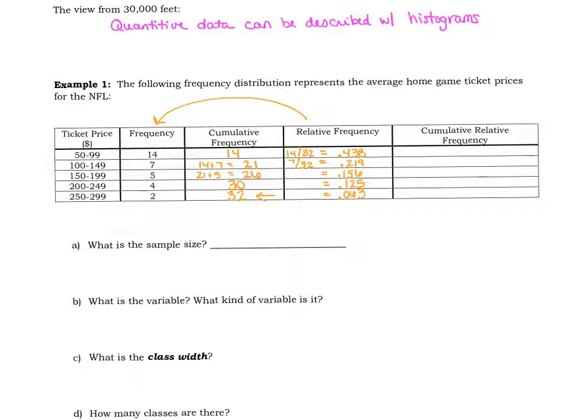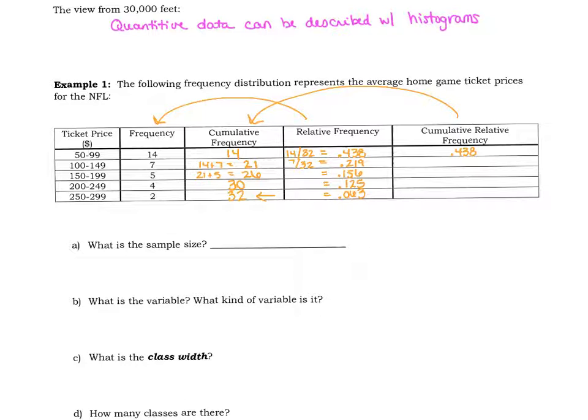For the cumulative relative frequency, relative frequency meaning the percentage or the decimal version in this case, because it's cumulative, this one is going to be based off of the cumulative frequency column. So the first one will be the same: 14 out of 32, so we get 0.438.